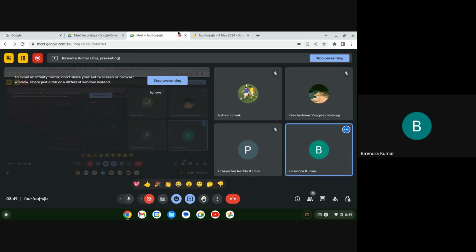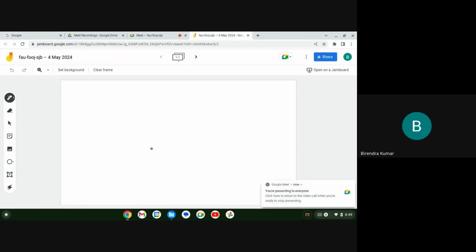Cool. So the first topic that we're going to talk about is decimal to fraction conversion. I have 0.00152. Who can convert this to a fraction?